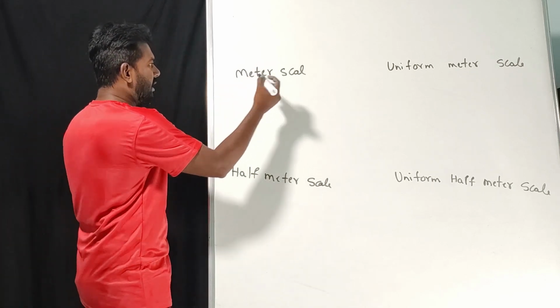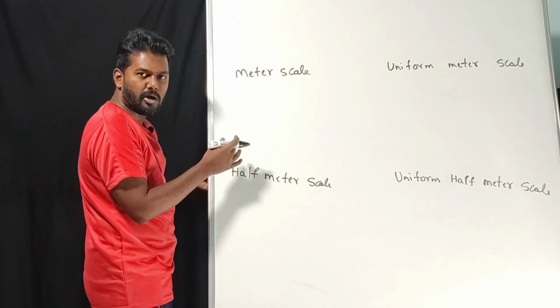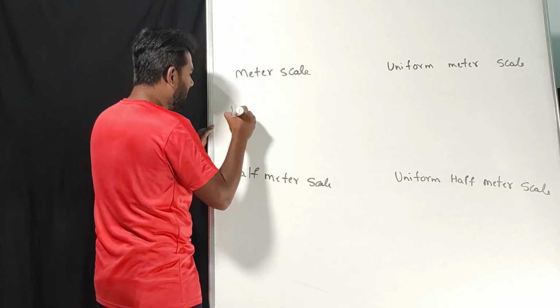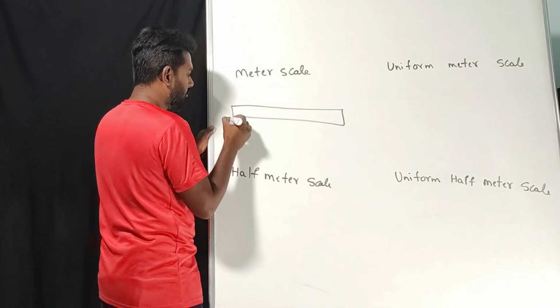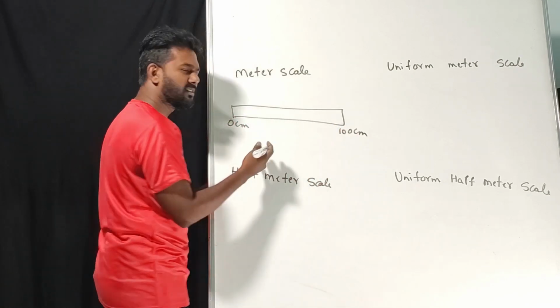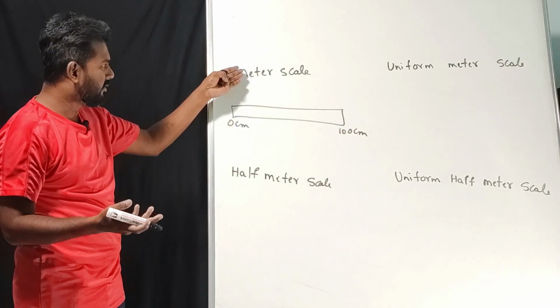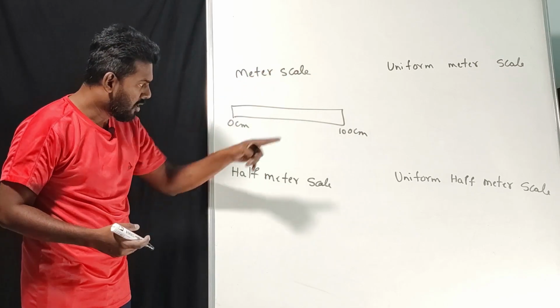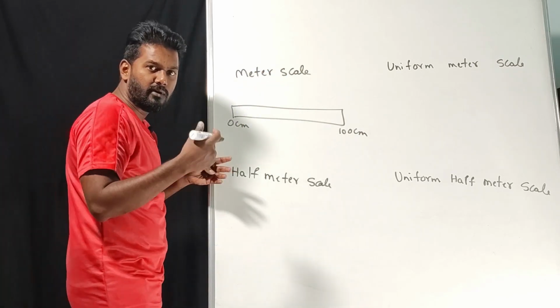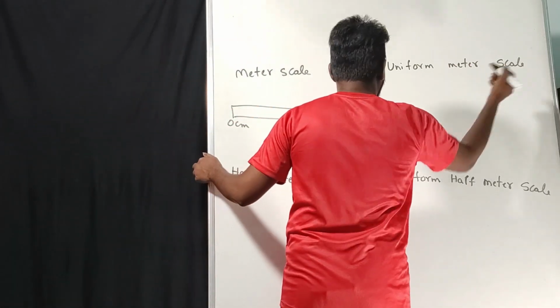Listen, meter scale, the name suggests, meter. Meter scale means it is a 1 meter scale. 1 meter will be from 0 centimeter to 100 centimeter. This we already know, correct? Then why do we need to learn this? If you learn all these things, then you will understand why we are learning these kinds of basics. Okay, uniform meter scale.